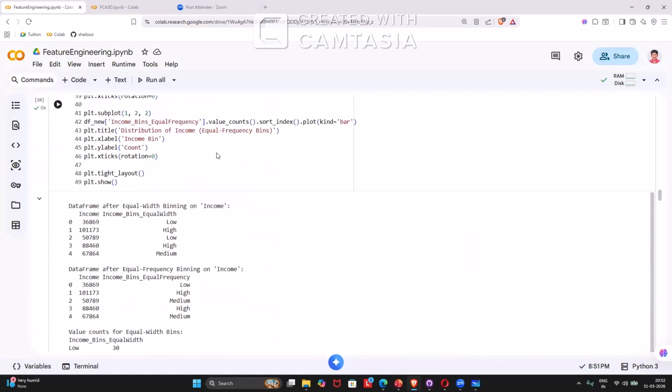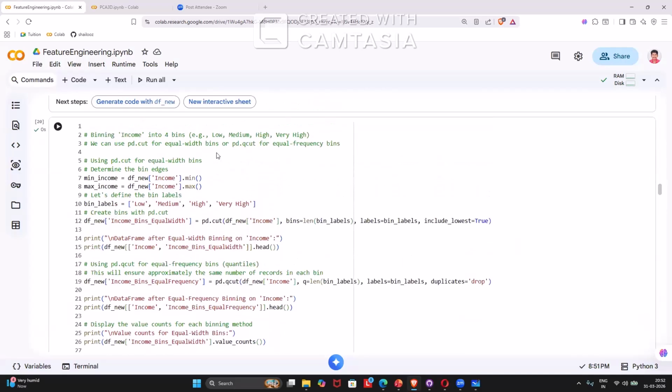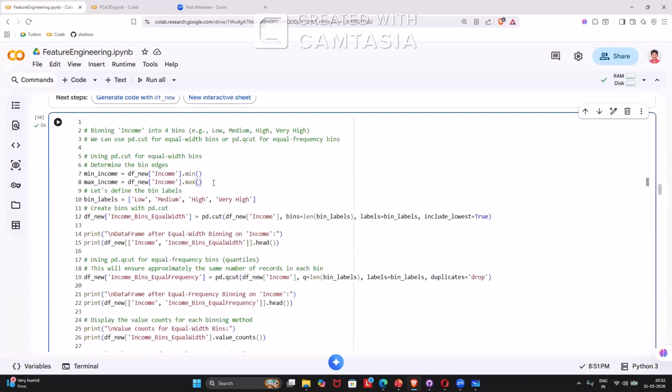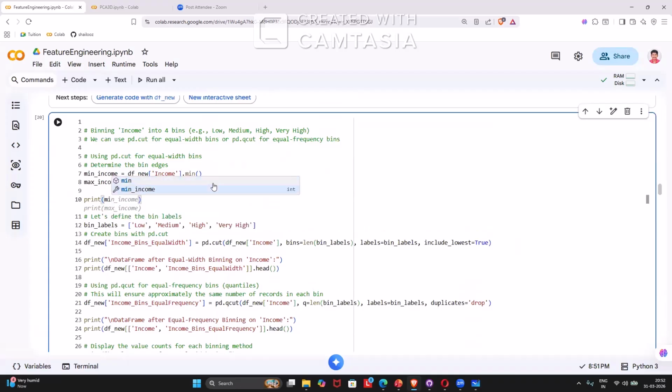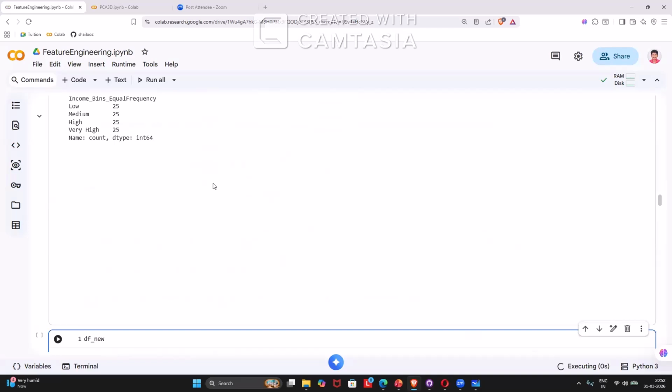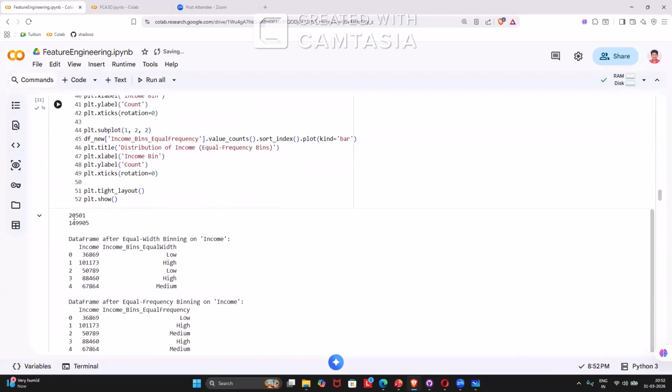You can print the minimum income, which is 20501, and the maximum income, 1,49,905.